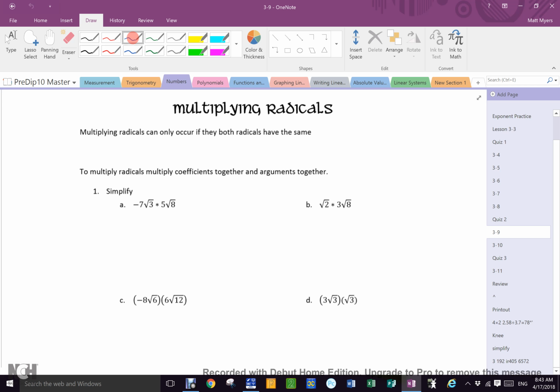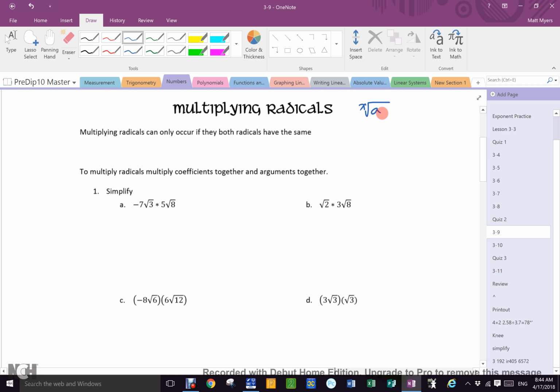All right. Multiplying radicals can only occur if both radicals have the same what, do you think? Let's write it out. Remember, this is a radical: x root a. If I'm going to multiply radicals, what do you think? We know when they add, they have to have the same radicand and the same index. What do you think they need when we're multiplying?